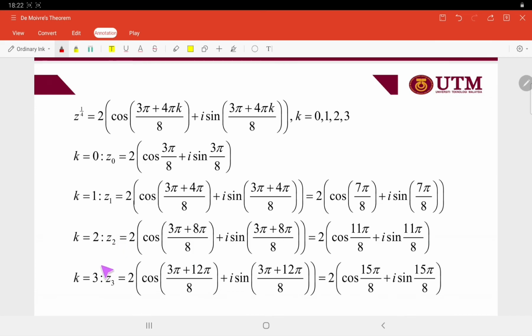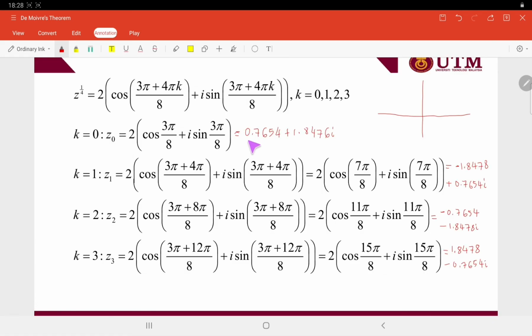And the last one, when k is equal to 3, our z3 will be equal to 2 times cos of 3 pi plus 4 times k, which is 3, times pi, so we get 12 pi divided by 8, plus i sine of 3 pi plus 12 pi over 8, which is equal to this form.